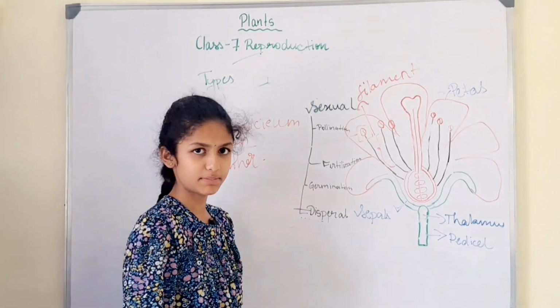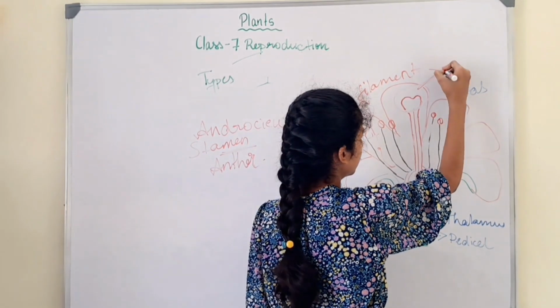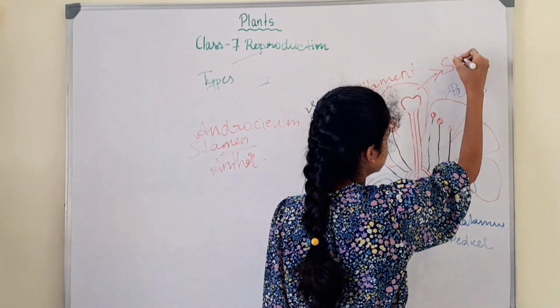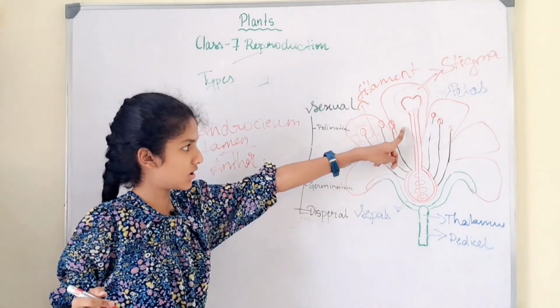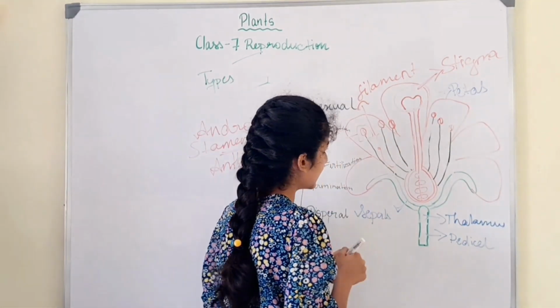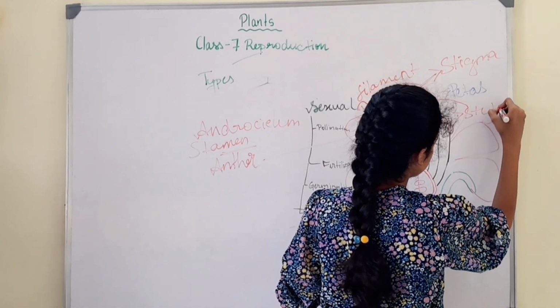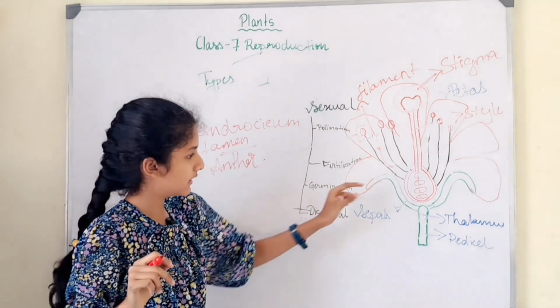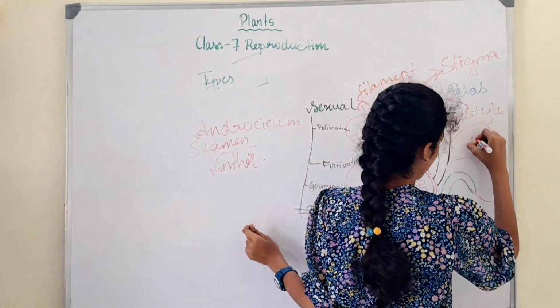Let us go into the female reproductive part. This one is known as stigma. And then this long tube is known as style. And this part is the ovary.